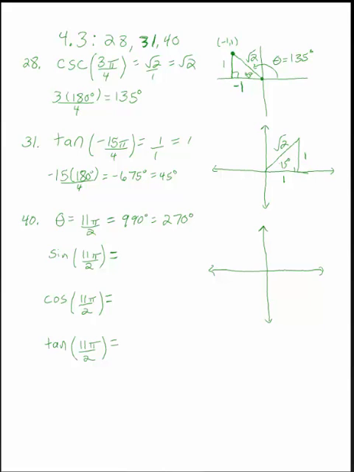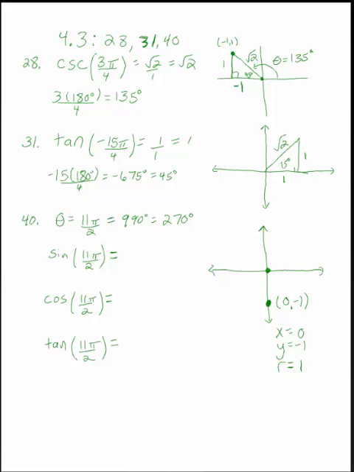So 270 falls right down here. Here's 270 degrees. I'll mark off that point and make that point 0, -1. Okay, and I'm going to write out the information I'm going to need: my x value is 0, my y value is -1, and the r value, the distance to the origin, is 1.